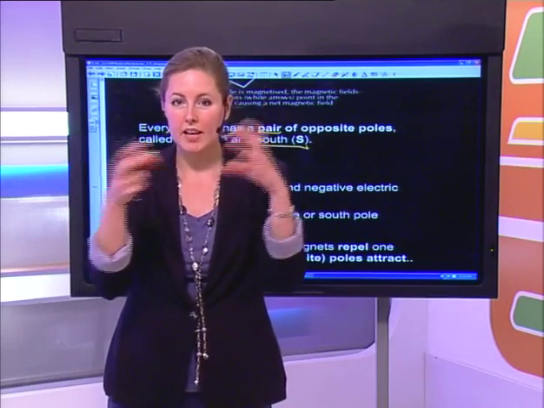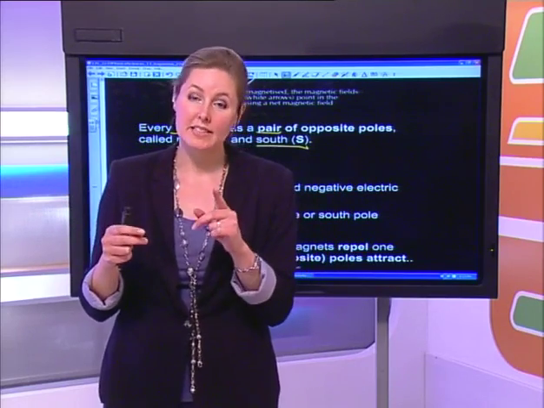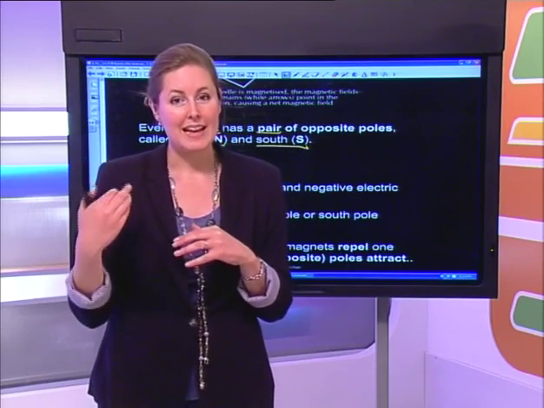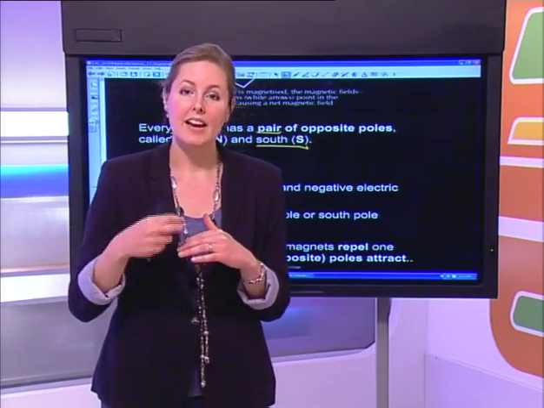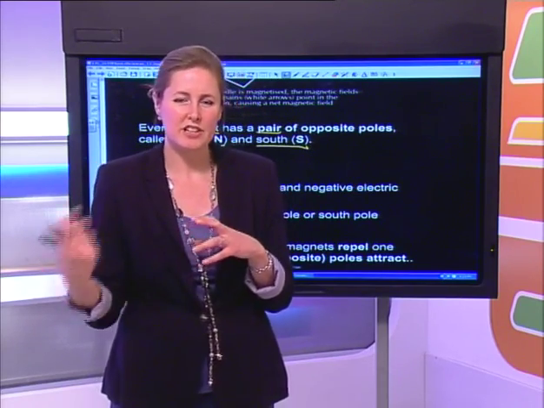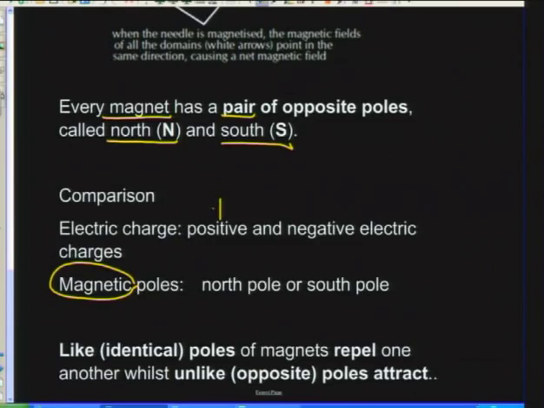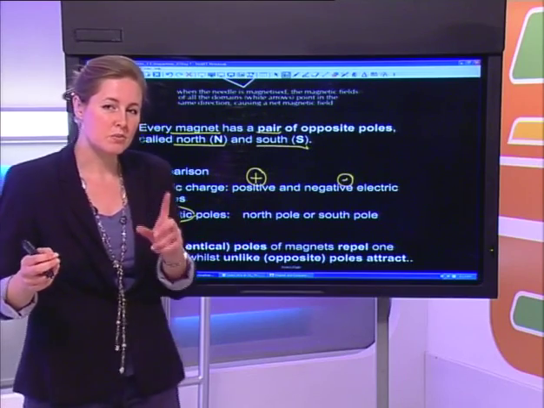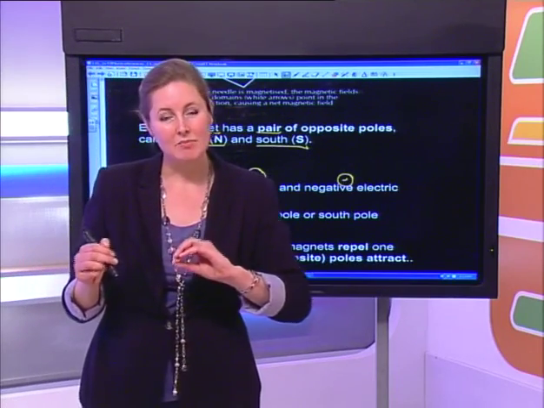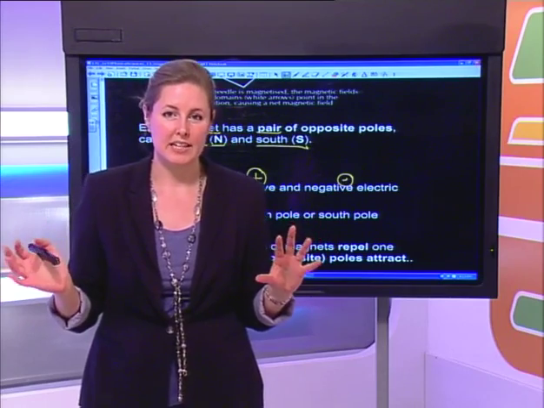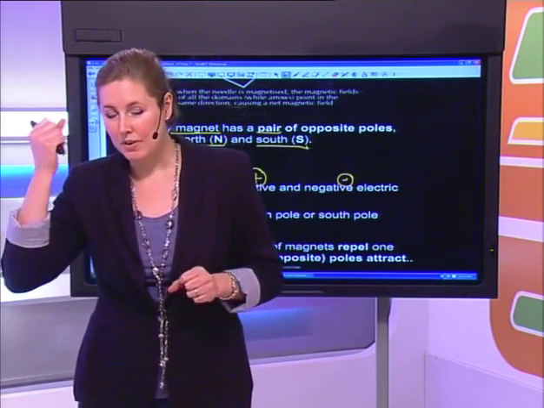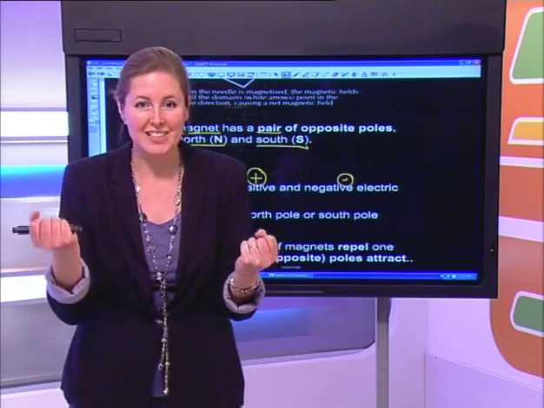They have to be paired up. By comparison, what we're going to be looking at next week is electrostatics. Electrostatics refers to electric charges, where we can have a positive or a negative charge all by themselves. So just watch out for that. Magnetism is very different to electrostatics.